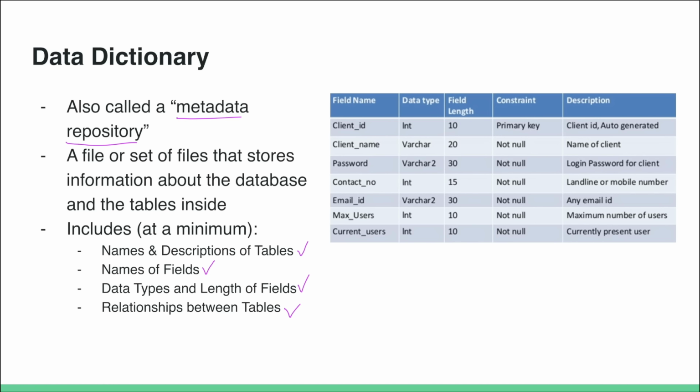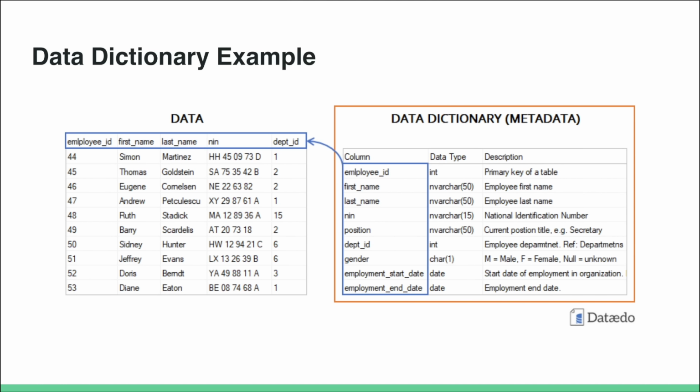So this data dictionary is what allows the data to be organized in a specific way with certain tables and relationships between those tables. Now this is an example. Right here we have data, so we just have a table in our database. Here we have our data dictionary, and you can see there's a bunch of information about how this table should function. We have our various fields, the data types for those fields, and descriptions for those particular fields for a developer.